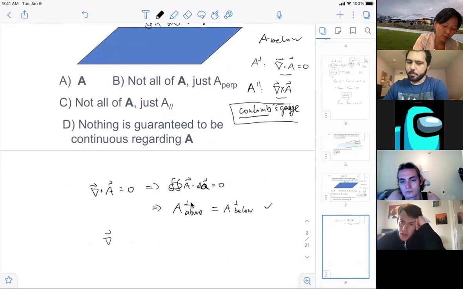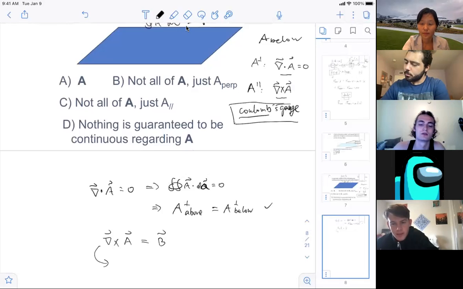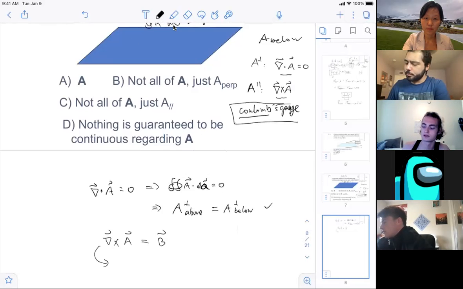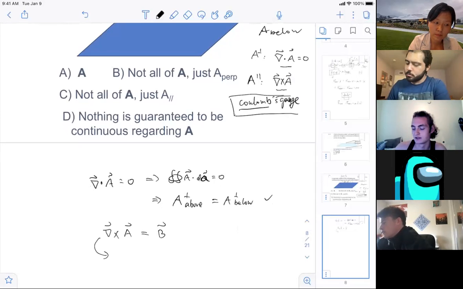I did give you a hint that we may want to look at what the curl of A is, right? So the curl of A is B. So how do we further process this? What I was thinking was that since the curl of A is equal to B, I just looked at the two components of B, but we already had that B above perpendicular equals B below perpendicular, so I didn't need to worry about that one.